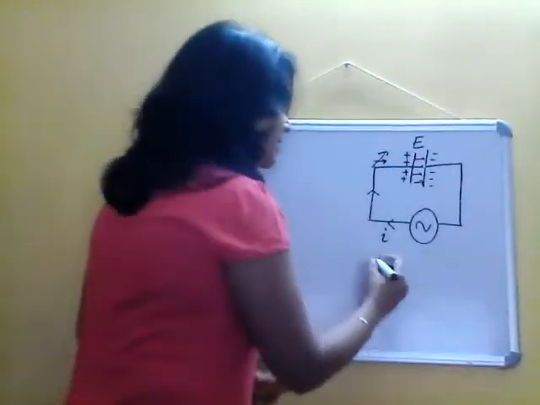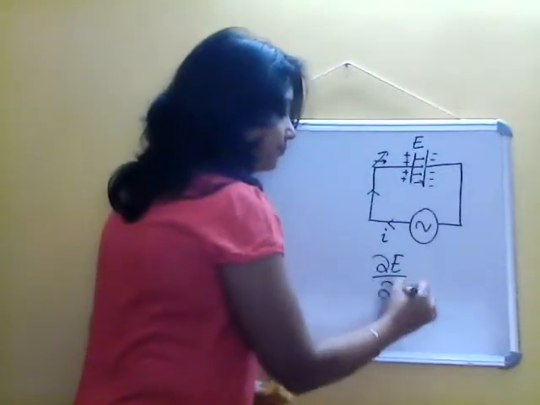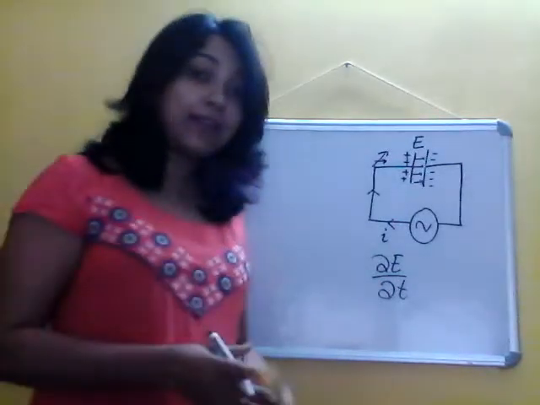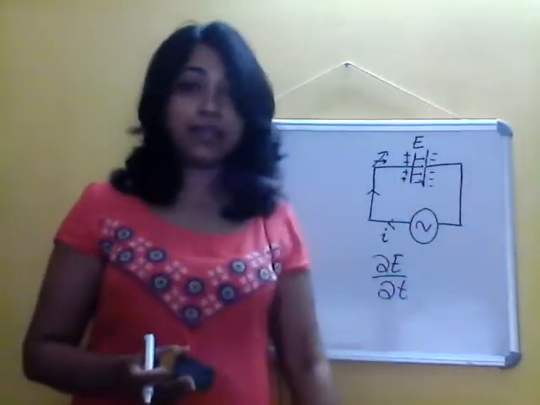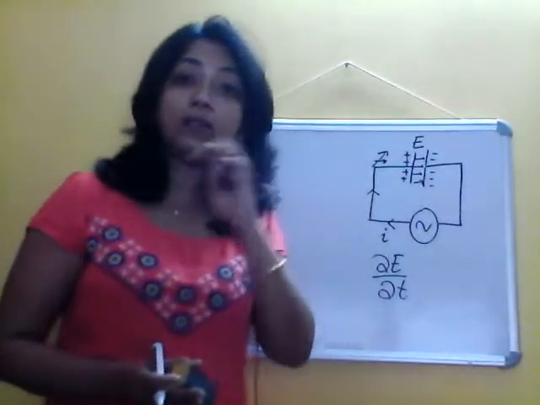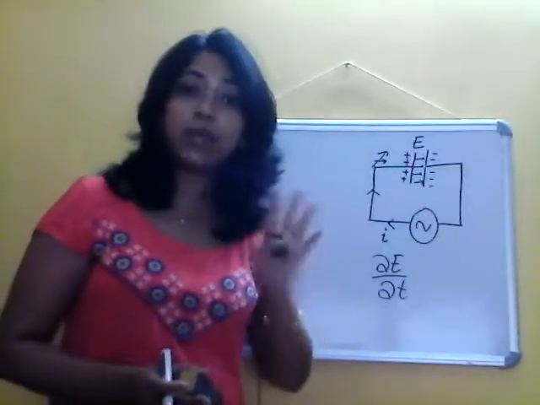Which means there is a time dependence of the electric field. Remember, who has caused this electric field? The AC source has created the electric field. And this field is not a constant in time. It is changing with time.